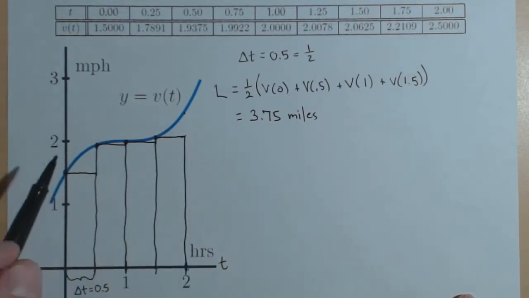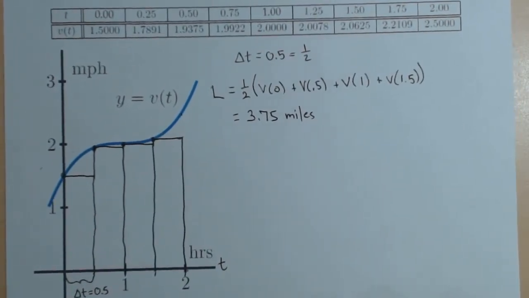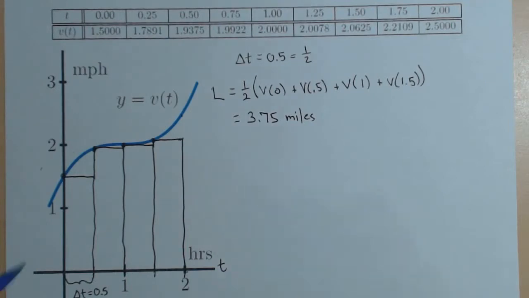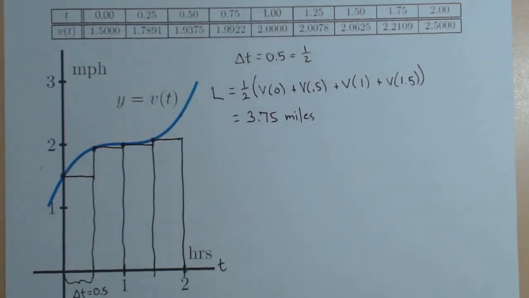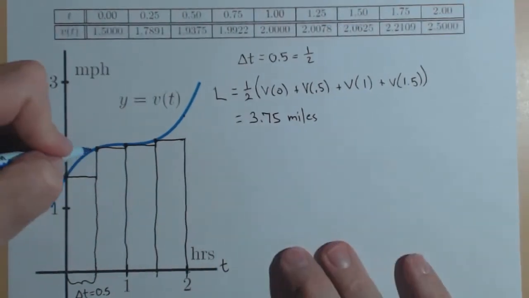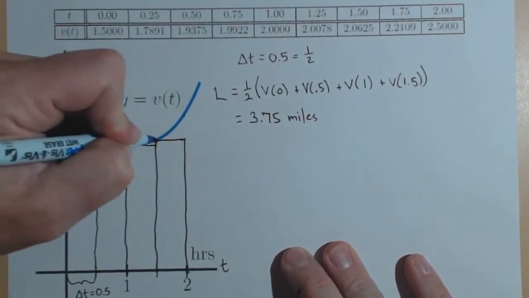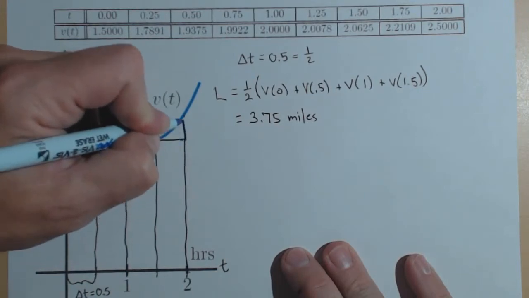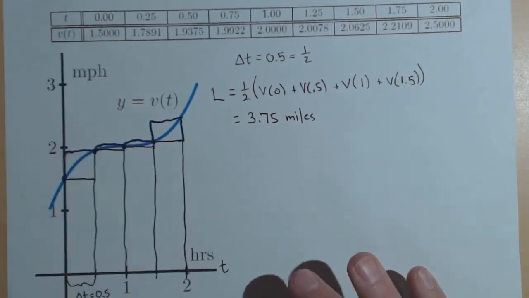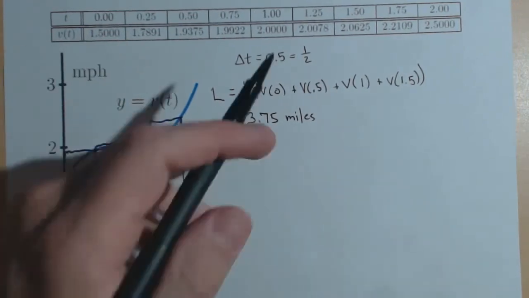Again, we could have used a right-hand rule, and just to show you what that would look like, I'm not going to do the calculations in this particular video, but the tops of our rectangles would have gone the other way. They would have looked like this, and that would have been what's called a right-hand rule.